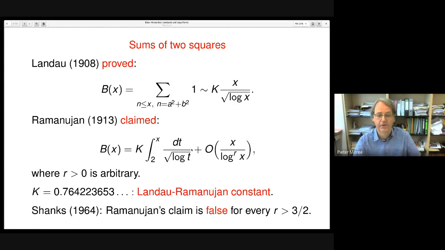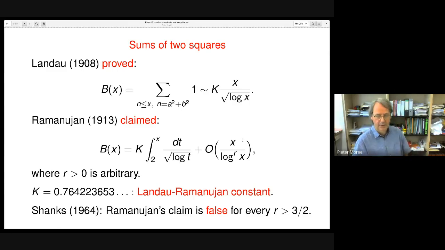And here was one of the statements of Ramanujan, namely that the counting function for the sum of two squares should be very well approximated by this integral. And in addition, you have some error term, and basically Ramanujan was claiming that the error term is very small.